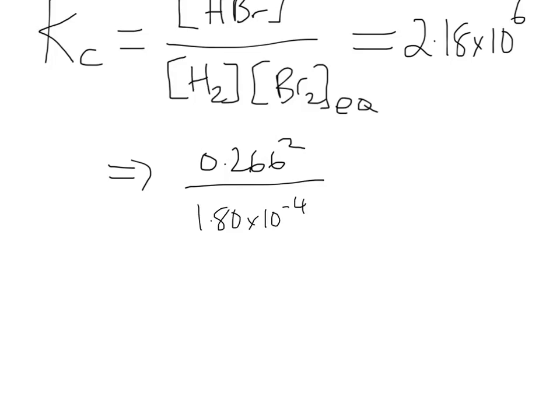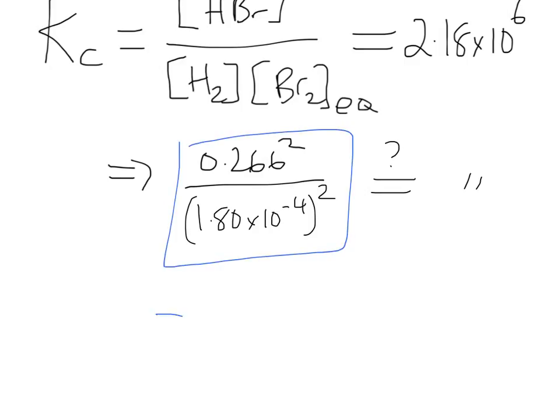And that's the same for bromine, so I'm going to go ahead and square that. And if we did the problem right, then it should be equal to, ditto, 2.18 times 10 to the 6. And if we actually calculate this, what do we get? Well, we actually get 2.18 times 10 to the 6. Actually, we were pretty good there.